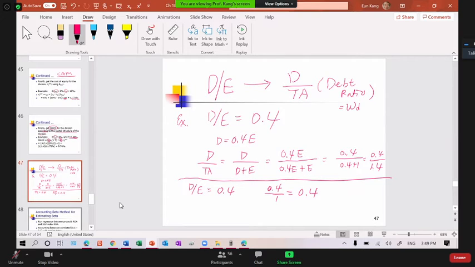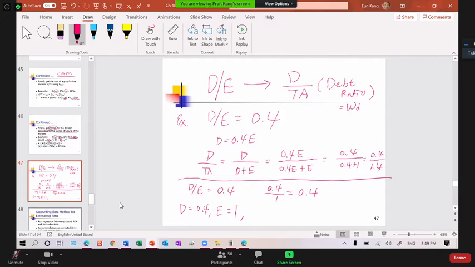So you can use 0.8 over 2, or 1.2 over 3, all the numbers that satisfy this one, but the simplest one is 0.4 over 1. So from here you simply know that D is 0.4 and E is 1, directly.